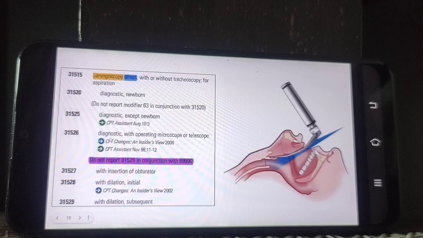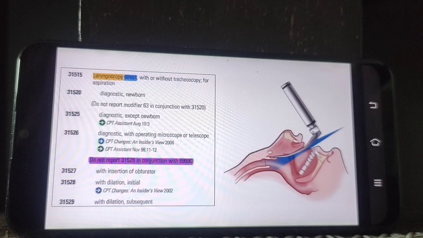So this is also one of the diagnostic procedures. Along with laryngoscopy, if doctors also use a microscope or telescope, go for 31526.